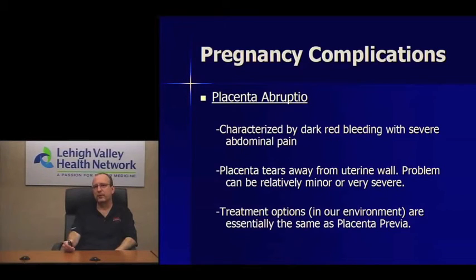Placenta abruptio is characterized by more of a dark red bleeding with severe abdominal pain. The placenta tears away from the uterine wall, and the problem can be relatively minor or very severe. Treatment options, mainly in our environment at least, are essentially the same as placenta previa, especially when this is happening during labor.